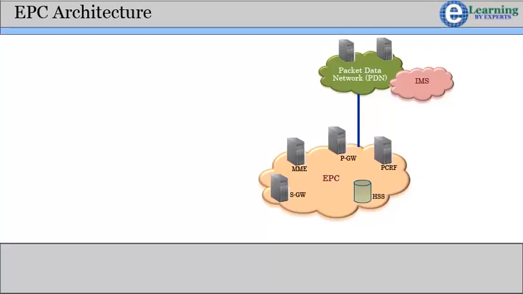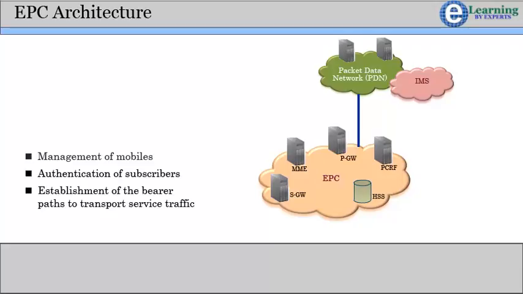There are several functions provided by the EPC which include the management of mobiles within its domain, authentication of subscribers, and establishment of the bearer paths to transport service traffic between the UE and a packet data network, PDN.